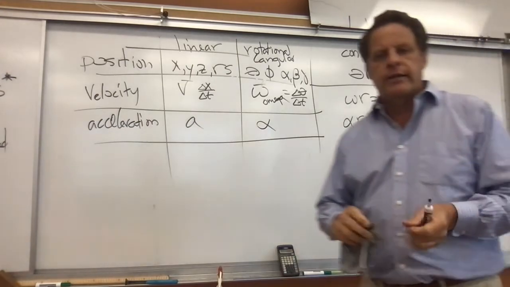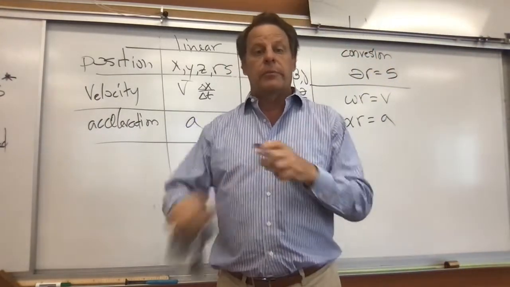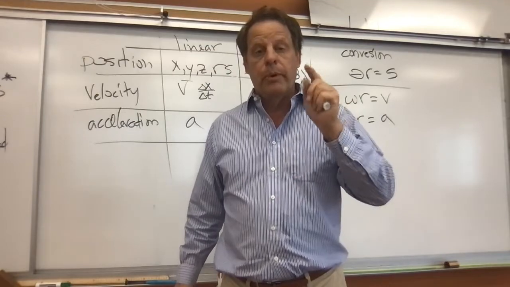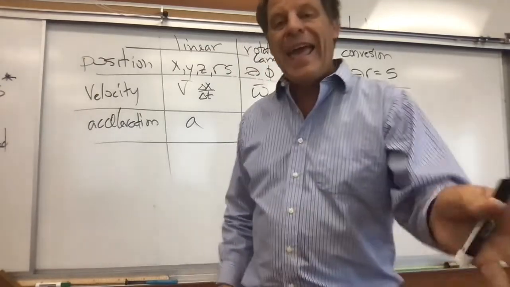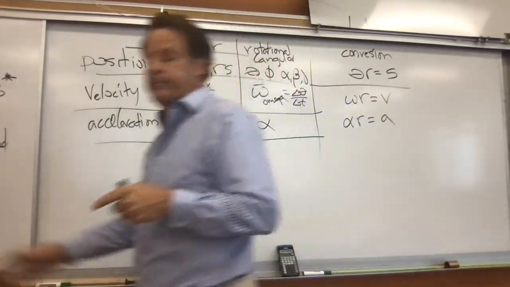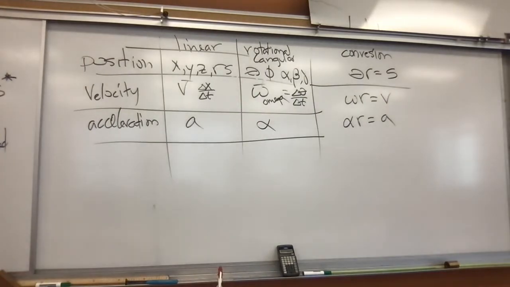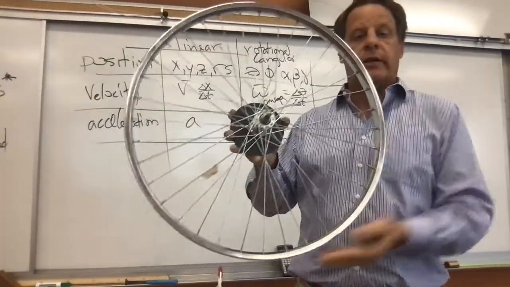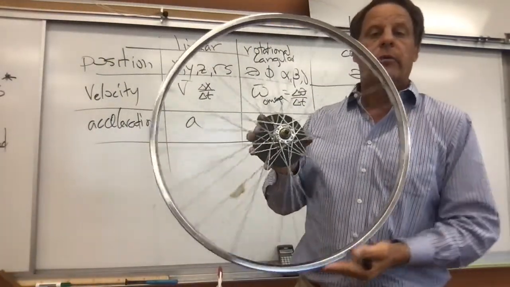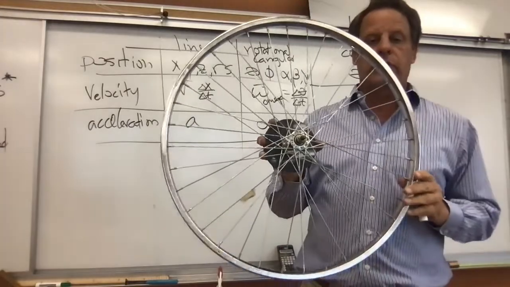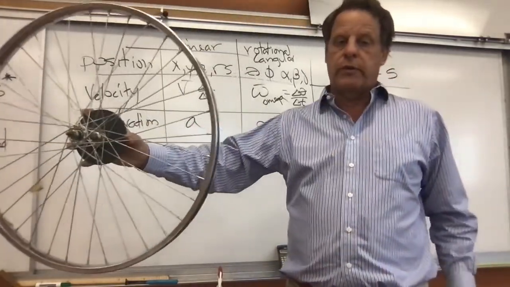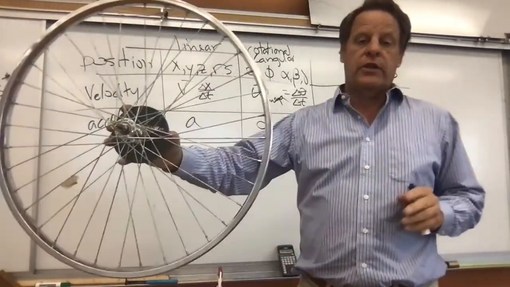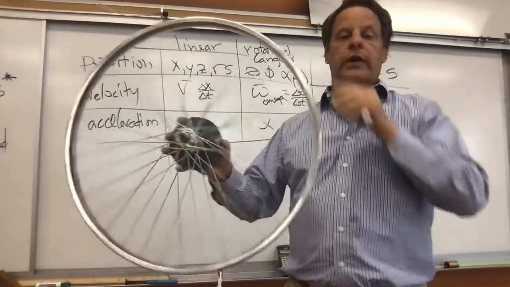A lot of times we're going to have something that moves both rotationally and linearly. For example, if we had something like this bicycle tire rim, it would move translationally, and it would then rotate as it went.